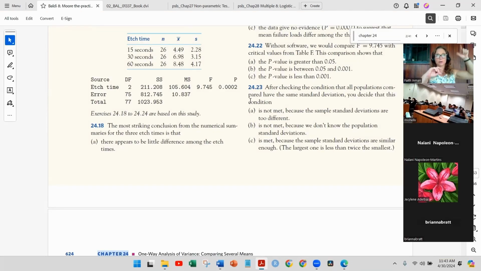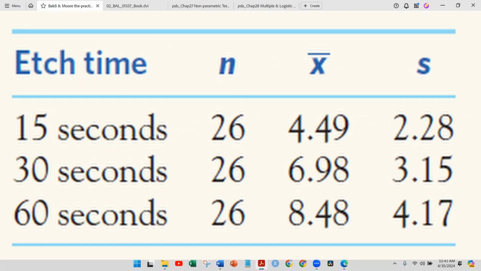So it's got to be 2 times the smallest one, right? 2 times the smallest one should be less than or equal to the biggest one. So if we have 2 times the smallest one, 2.28 is about 4.6 or 4.56, right? And the biggest one is 4.17.